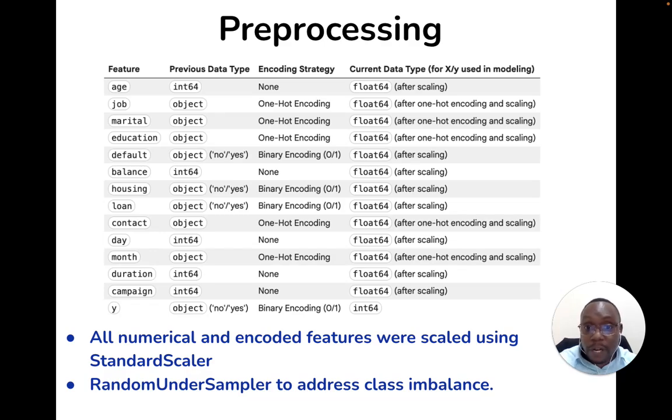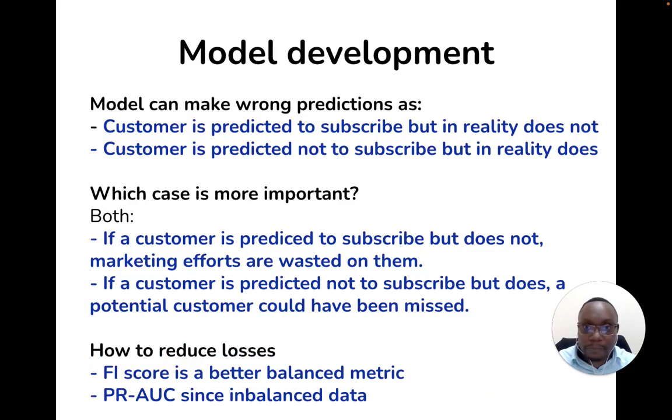Then the other variables that had no or yes values were binary encoded to get 0 or 1 values. All numerical values were encoded using standard scaler, and we applied the random undersampler to address the heavy class imbalance.